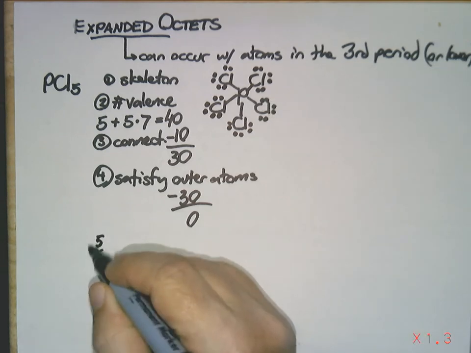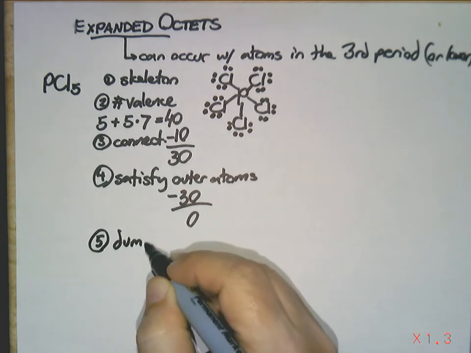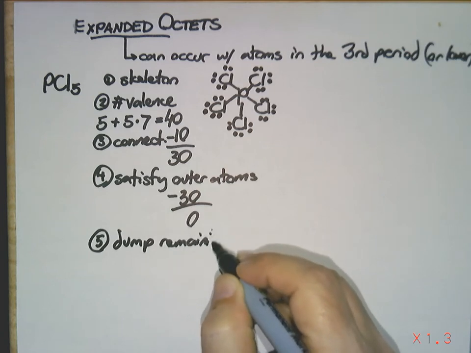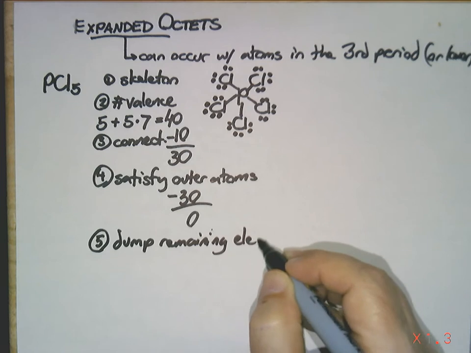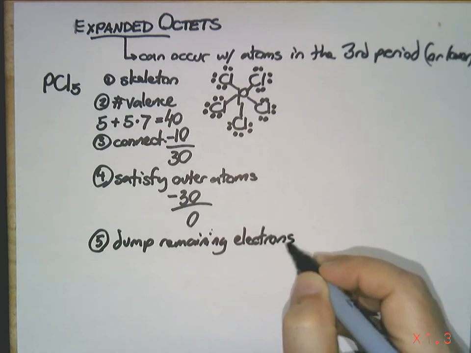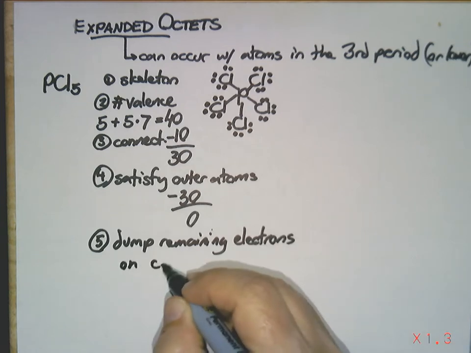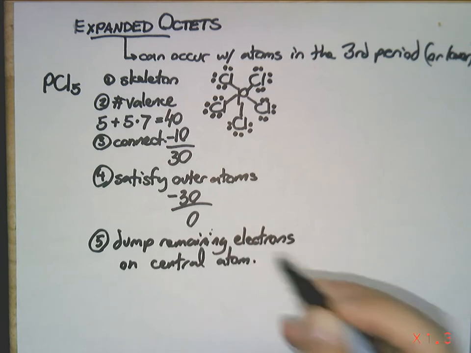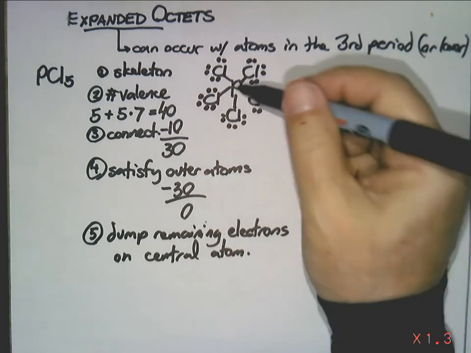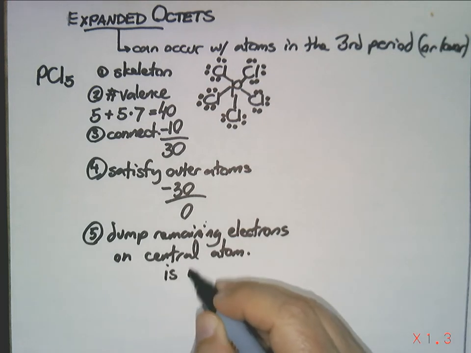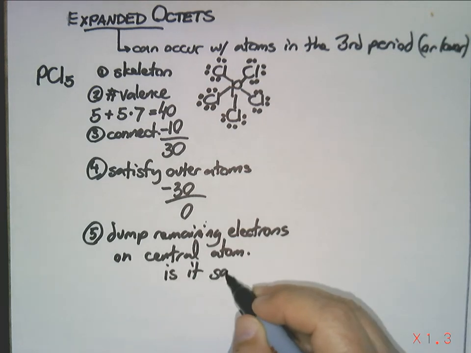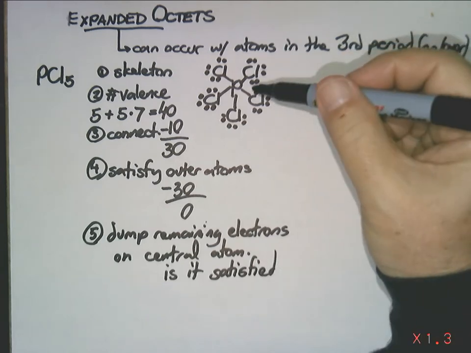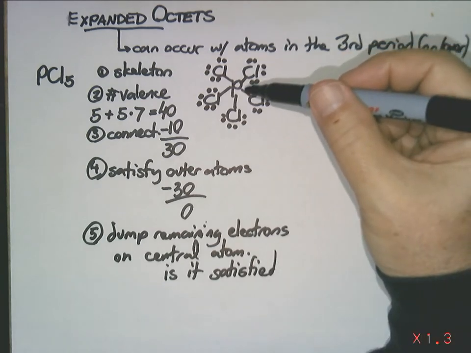Step 5, dump the remaining electrons on the central atom. Is the central atom satisfied? Well, that's hard to answer here because we want the central atom to have an octet, and it's got 10.